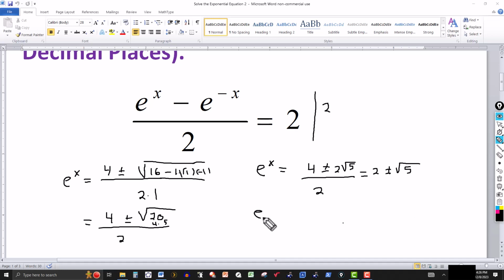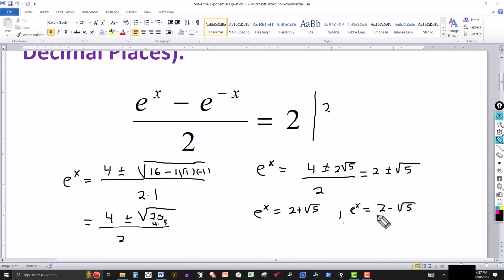Just like when you solve a quadratic equation using the quadratic formula, you could have two possible answers. So e to the x can equal 2 plus the square root of 5, or e to the x can equal the other value, 2 minus the square root of 5.